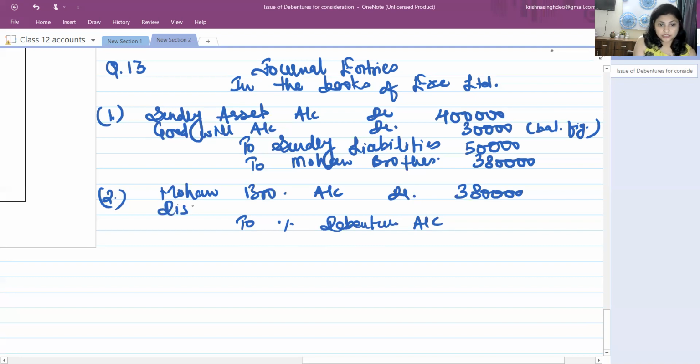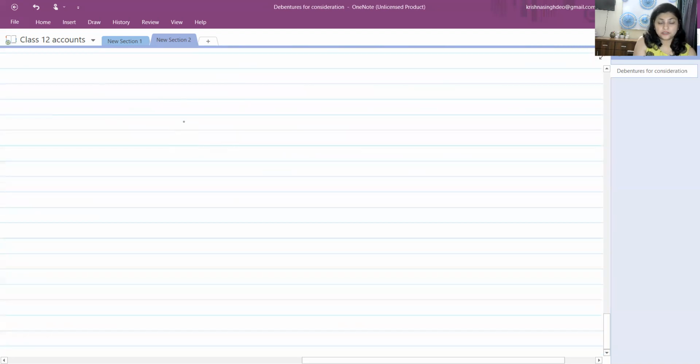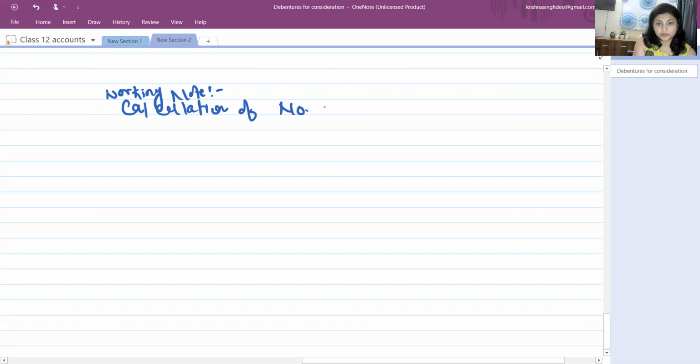Because debentures are issued at a discount, the discount on issue of debenture account will also be debited. Now I'll have to work out how many debentures are to be issued. So this is my working note, calculation of number of debentures.